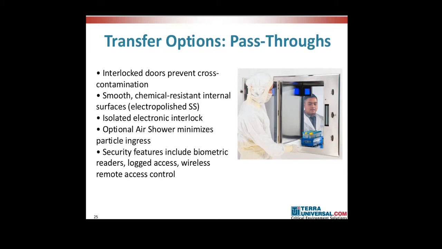Sure. The practical limitation on this is the requirement to have the ante room and the buffer room. And the buffer room itself needs to be large enough to accommodate a reasonably sized compounding area. Traditionally, most people regard that as, at minimum, a 48-inch linear workstation, whether that's a laminar flow primary engineering control, or a biosafety cabinet.